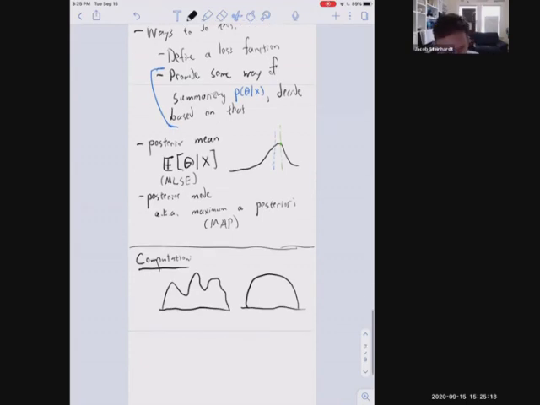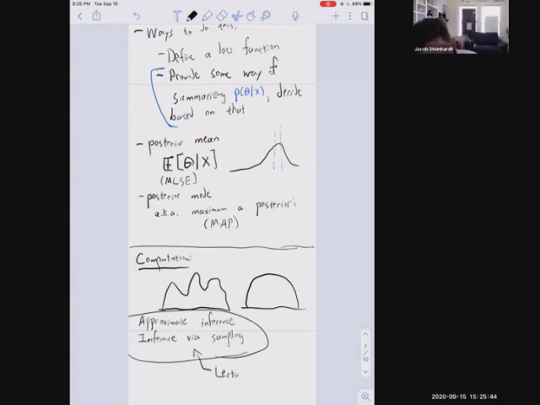And so there's this entire area of work called approximate inference, or also inference via sampling. And this tells us how to handle even these more complicated cases. So we'll get to this in lecture 8, I believe. But that's something to look ahead to, that there are actually algorithms behind this.